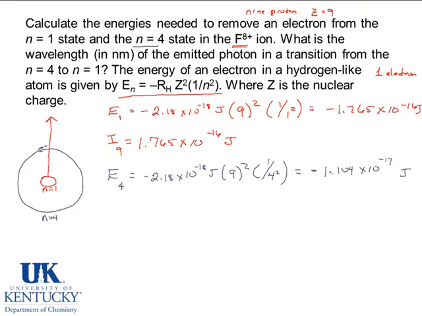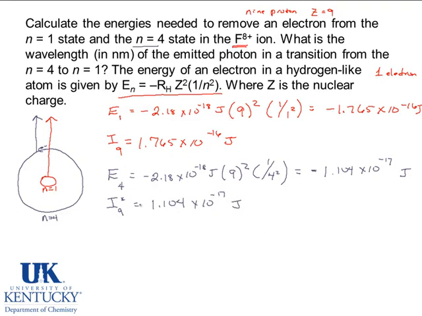Now this is a less negative number. It's not quite as big a negative number as this. So it's sitting up here, and it is a negative value, and if I wanted to figure out how much energy it required to remove that electron, again it's the 9th electron, but it's coming out of an excited state, so I would give it as 1.104 times 10 to the minus 17 joules.